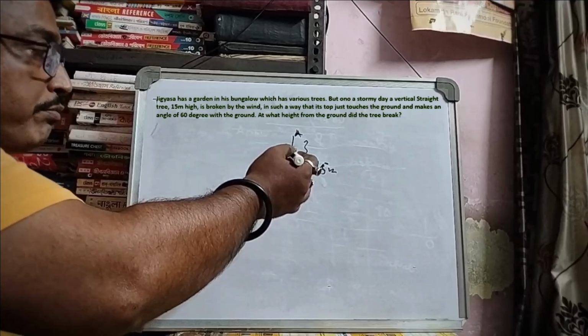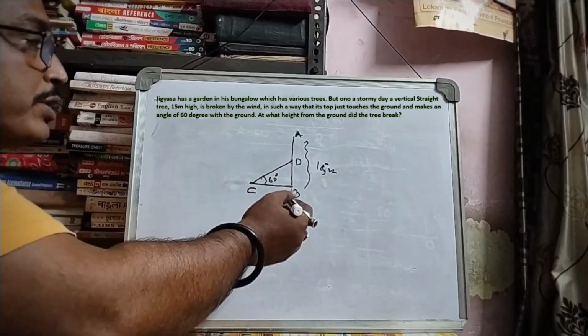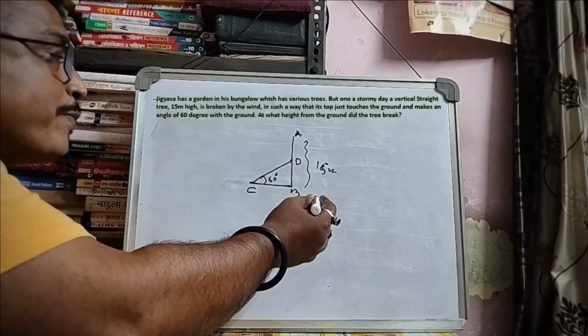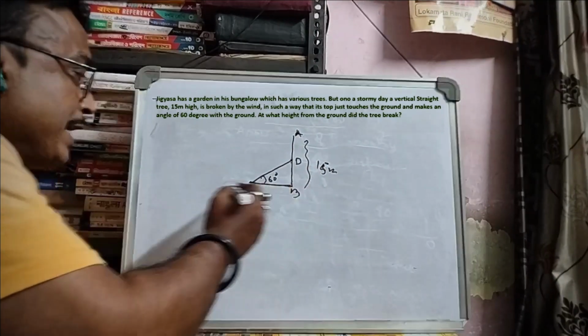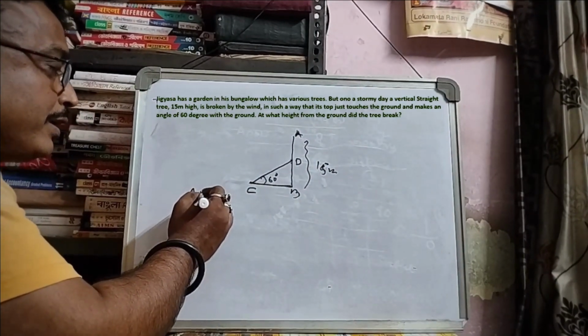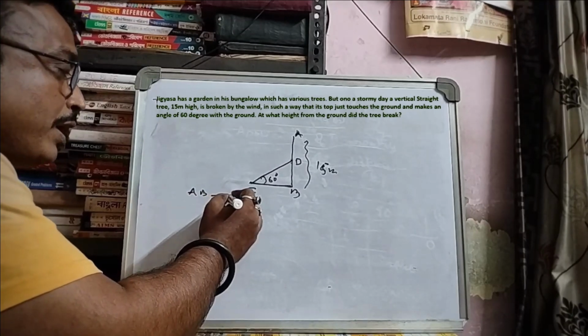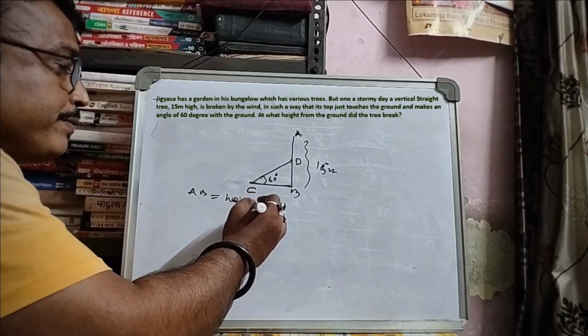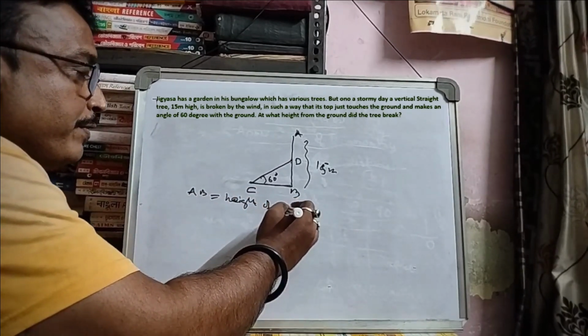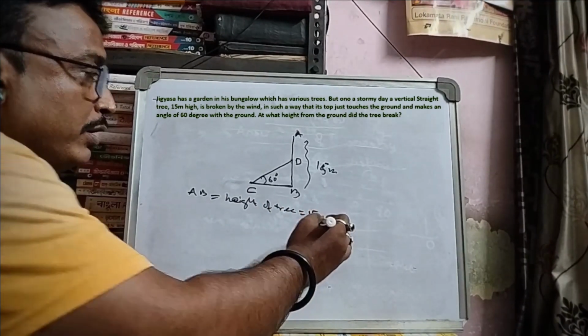तो there is only one known value to us, that is AB, the height of the tree, is equal to 15 meter.